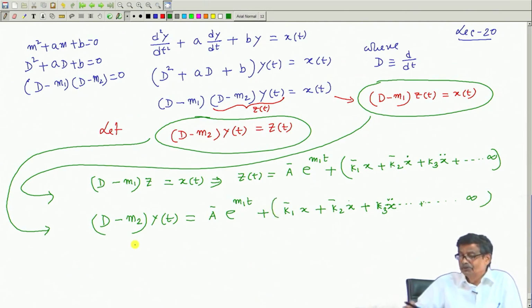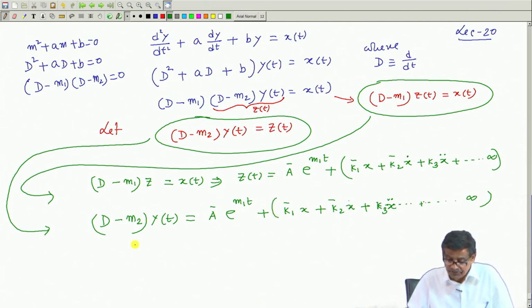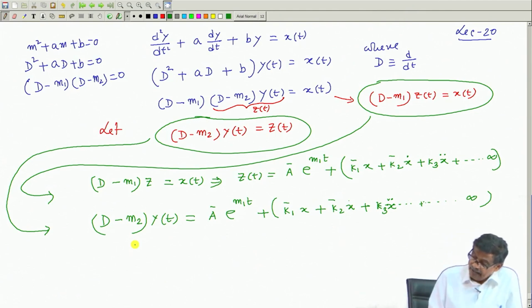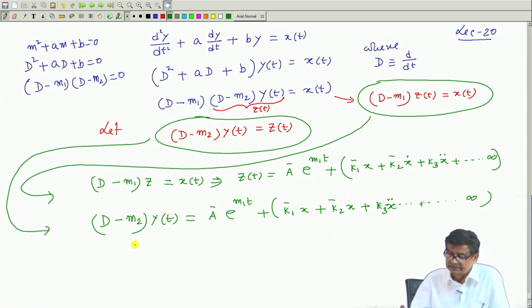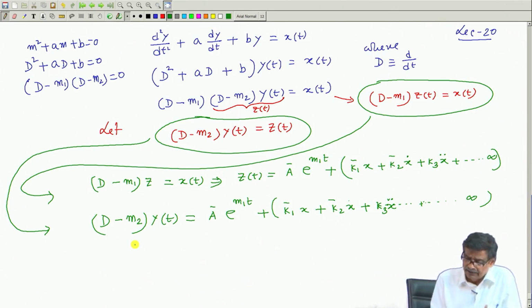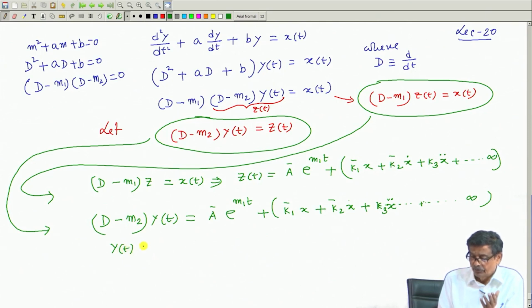So, it is also a first order differential equation, where from I will get y(t), and the forcing function looks like this, and it is also a reasonable function. Only thing, infinite terms, let it be there, who cares, because I know I can write down the solution for y(t) in one stroke.